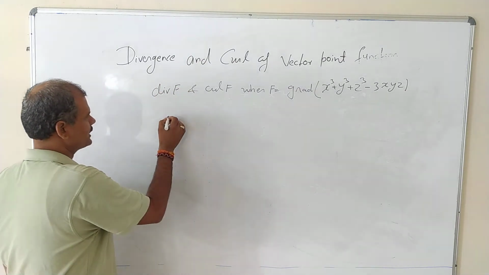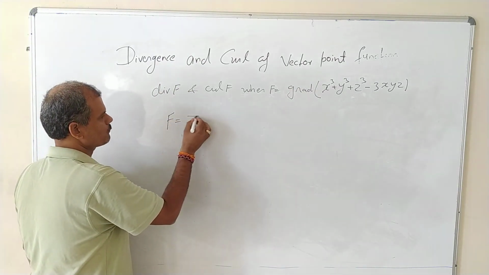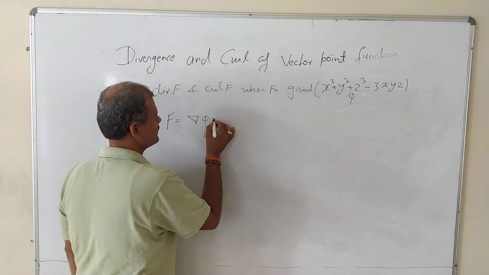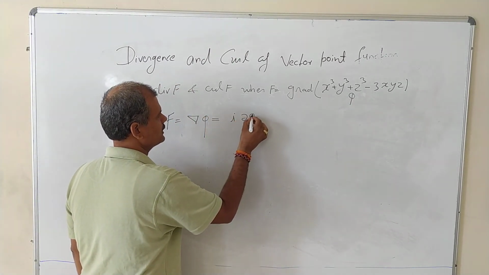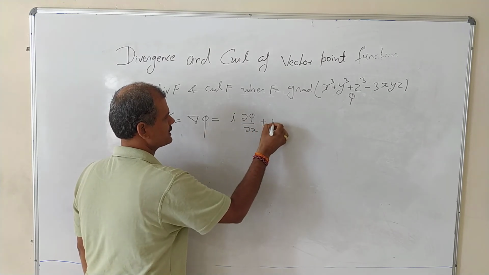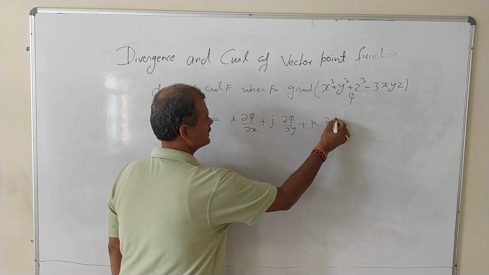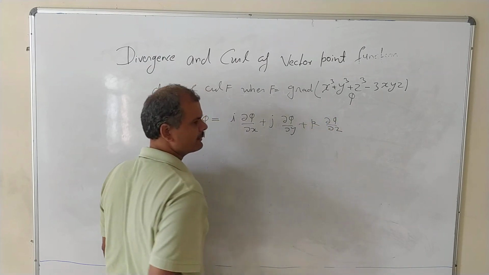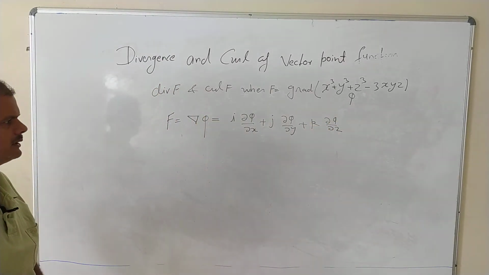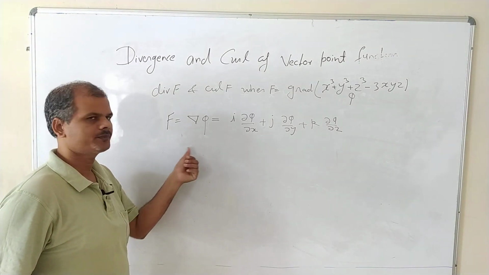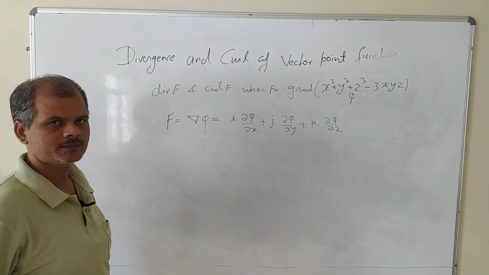So first you find the gradient of f, grad of phi. So this is your phi. So what we get? I del phi by del x plus j del phi by del y plus k del phi by del z. I have given already one video for the gradient. You can go and check that. I'll give the link of that video in the description box.